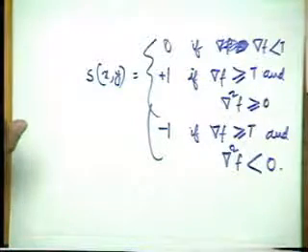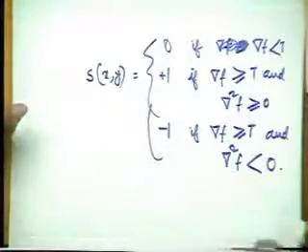So that means you are converting the original image into a 3-level image. 3-level means either a 0, a +1, or a -1.